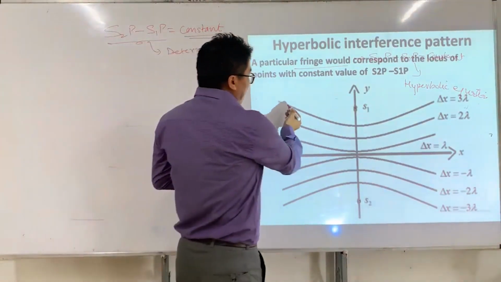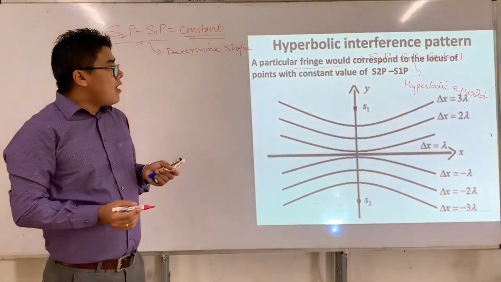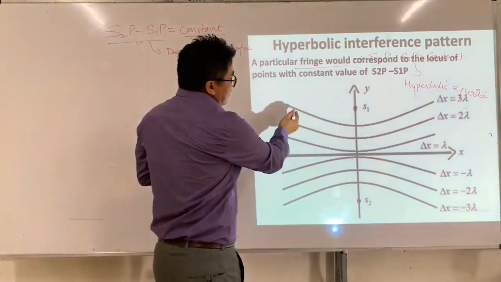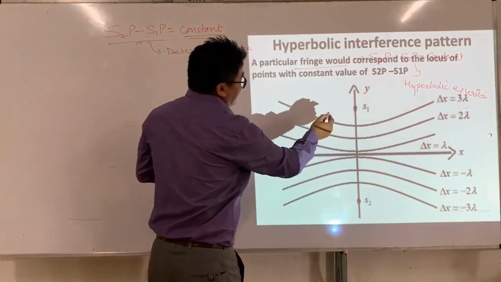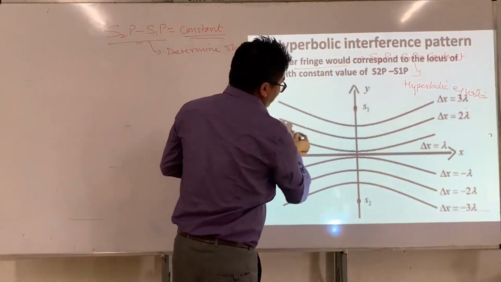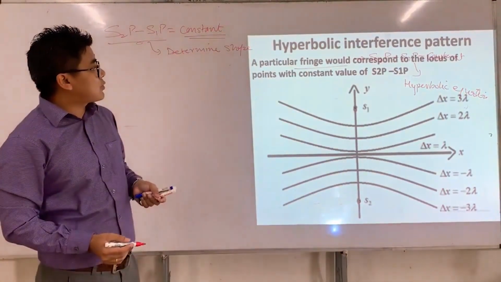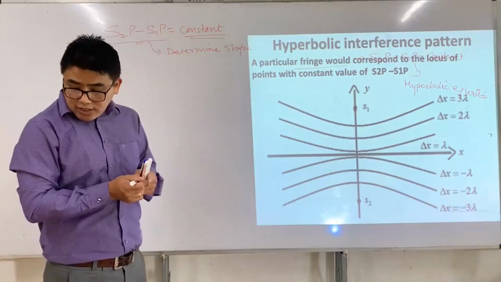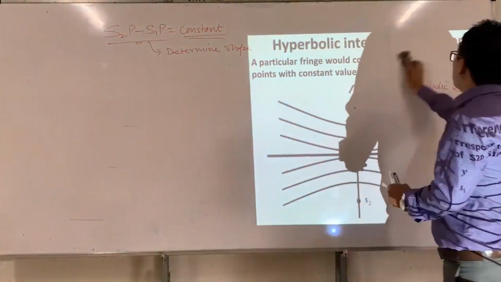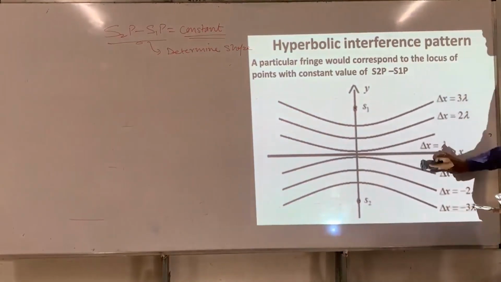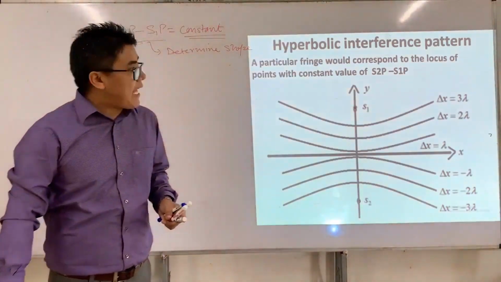Likewise here, this particular fringe is the set of points having a constant path difference from S1 and S2. So I have written here that a particular fringe corresponds to the locus of points. Locus means a set of points with a constant path difference of S2P and S1P.